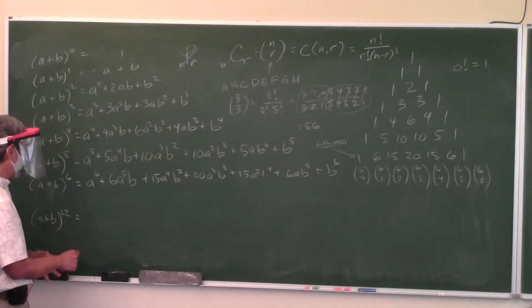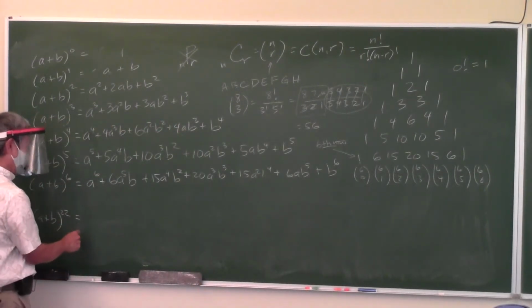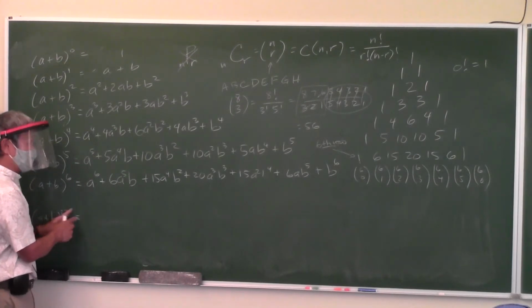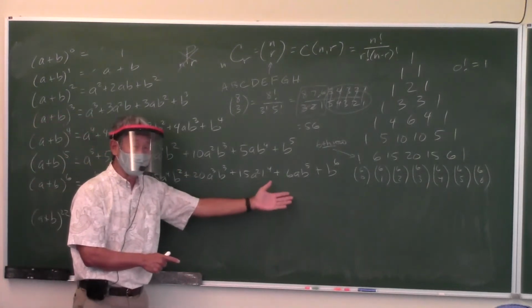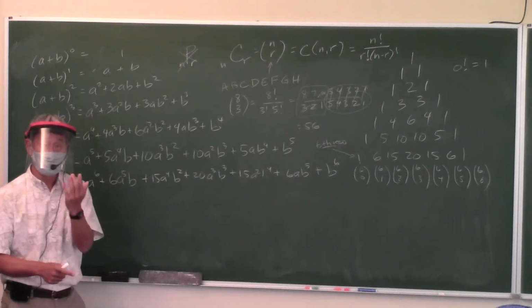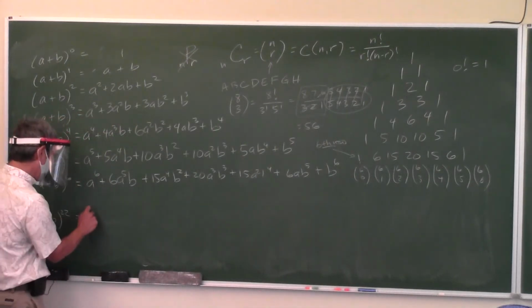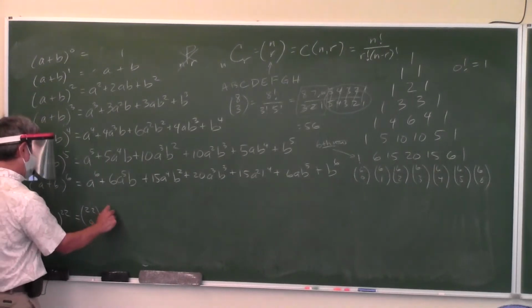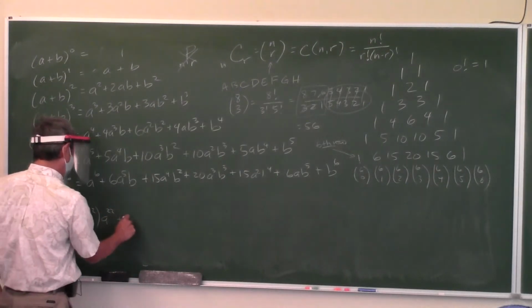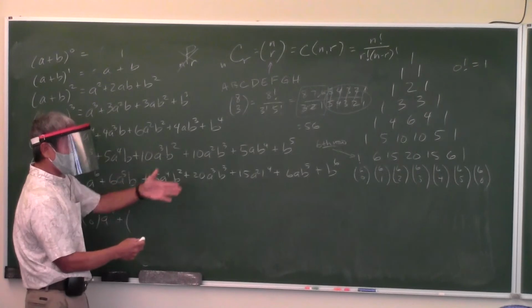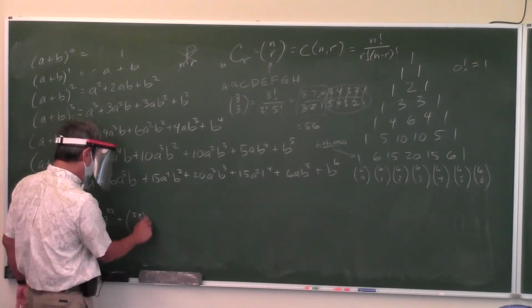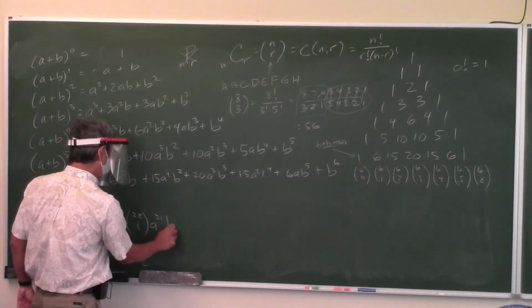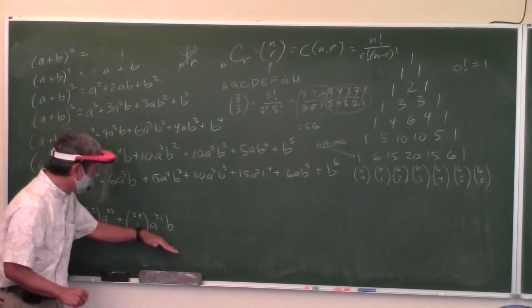Okay, so what's the first term going to be? Well, you would go to the 22nd row, but then come on, you can see the pattern. What are the numbers in the 22nd row of Pascal's triangle? 22 choose 0, a to the 22. And then the next coefficient is going to be 22 choose 1, a to the 21 b. See how the powers of a are going down one by one?